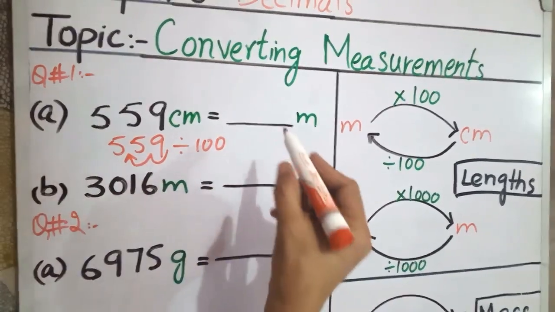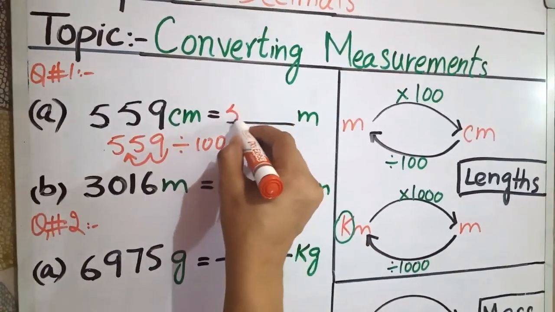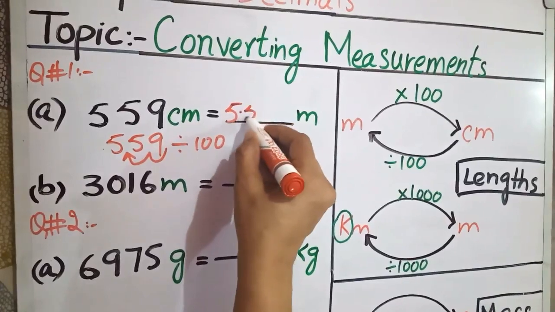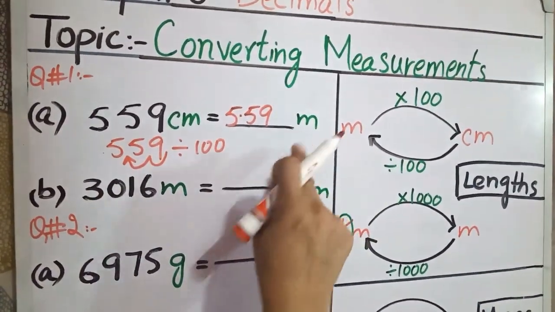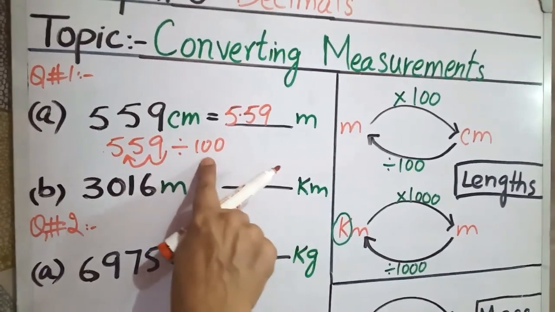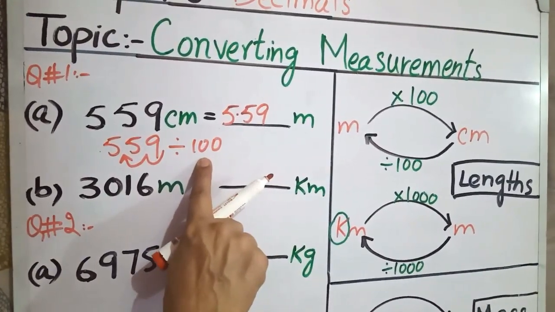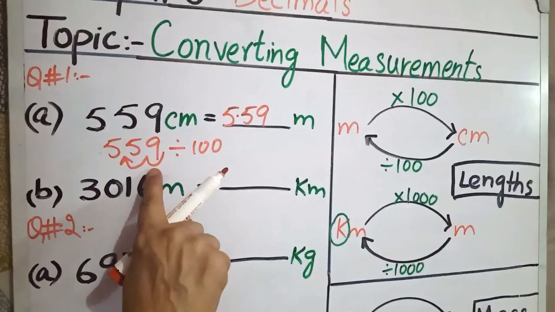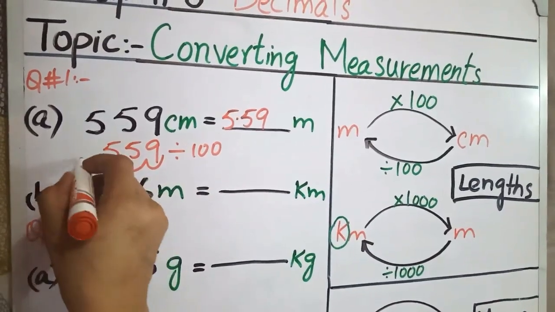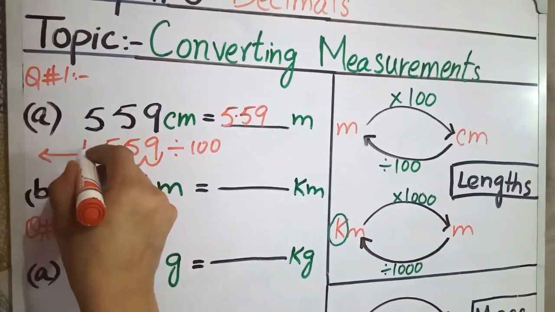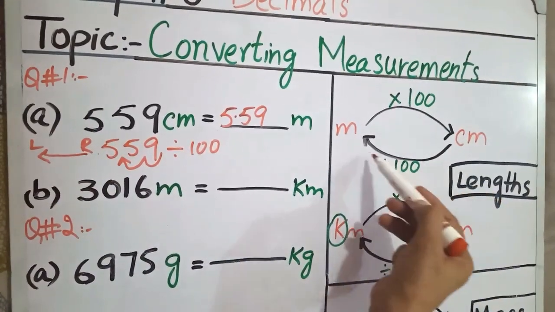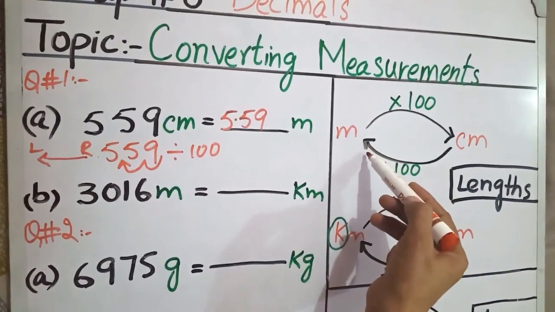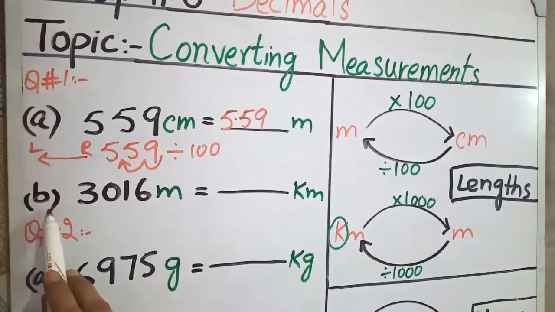We get the answer 5.59 meters because we have divided the number by 100 and moved the decimal point 2 times from right to left, where the arrow is going. Clear?